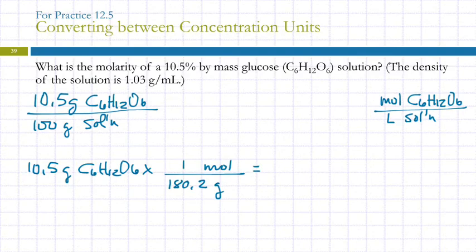So 10.5 divided by 180.2 is 0.058268 moles of glucose.